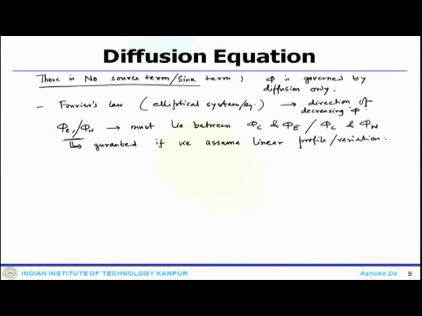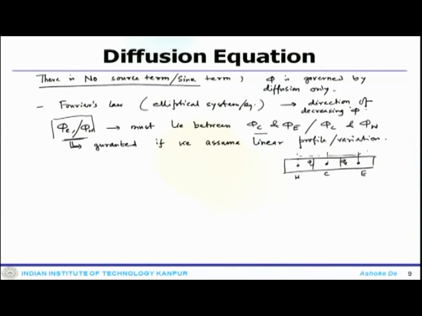Once we look at a one dimensional system, it does guarantee that all these surface values must lie between the centroid values in this one dimensional direction. What we mean to say is, these are my cells, this is C, this is E, this is W, this is my phi W, this is phi E. All these values will lie between these centered values.